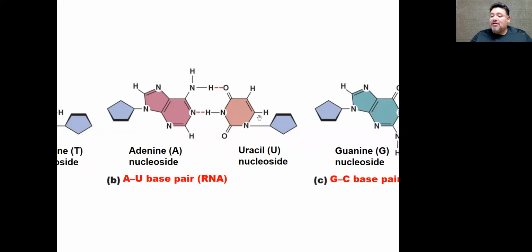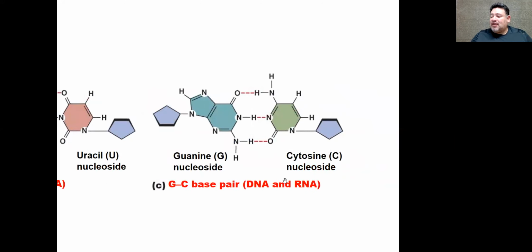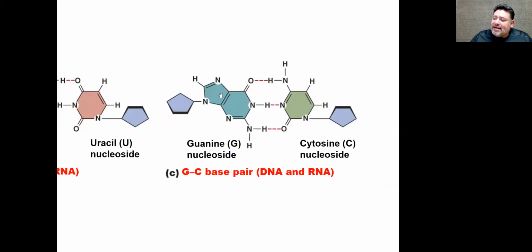And if you have a uracil, it's going to associate with an adenine through 2 hydrogen bonds. Going back to both DNA and RNA, okay, if you have a guanine, it's always going to associate with a cytosine through 1, 2, 3 hydrogen bonds. And if you have a cytosine, it's always going to associate with a guanine.